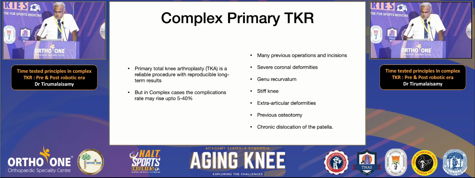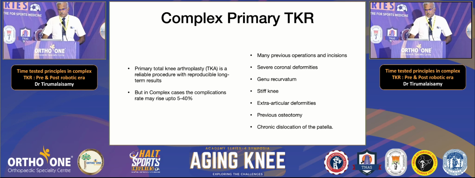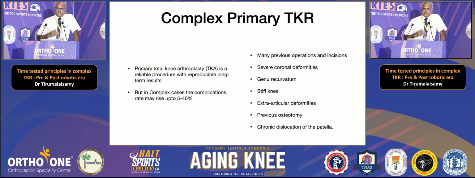We have enough problems to start with, and with robotic assistance, will it help or is it going to compromise our results? It takes longer time, and majority of the time, in a complex situation, I personally would feel that I should go for the mechanical alignment and not use the robo.